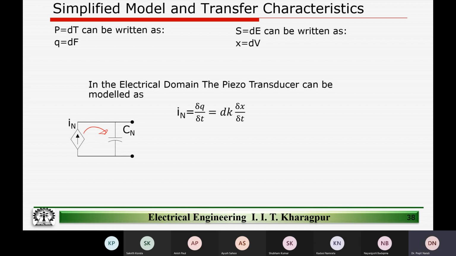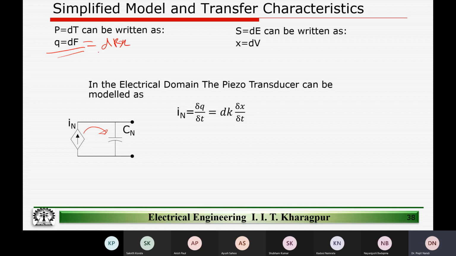Okay. So again, in very simple terms, I is dQ/dt. And what is Q? We have derived Q here, right? So F is equal to kx, the spring equation, right? F is equal to kx.